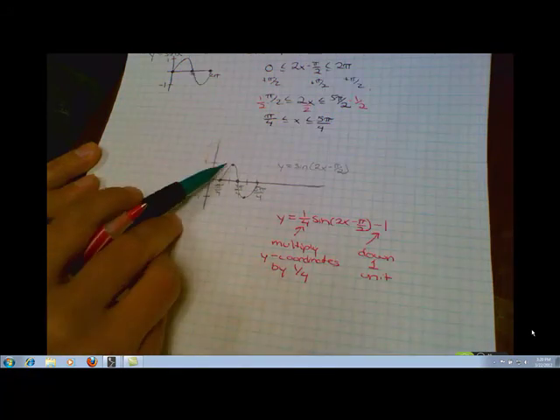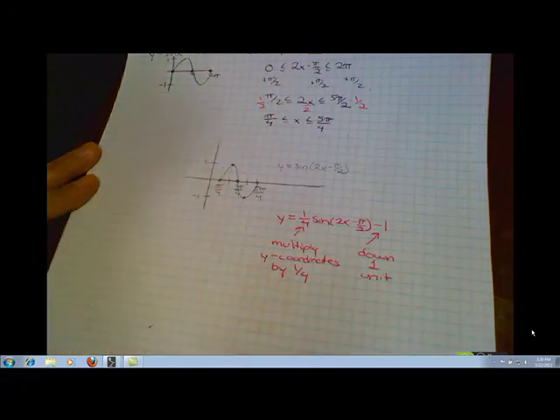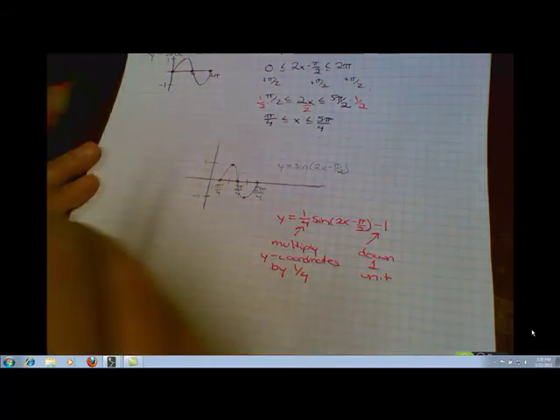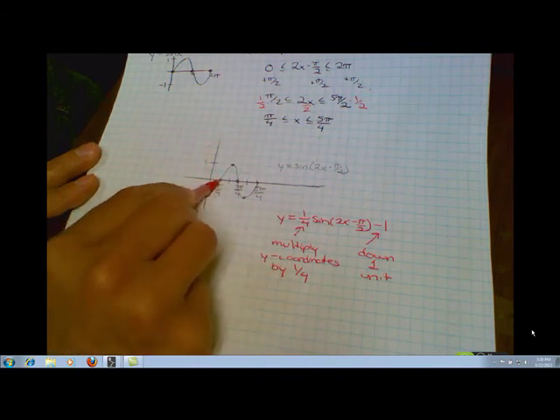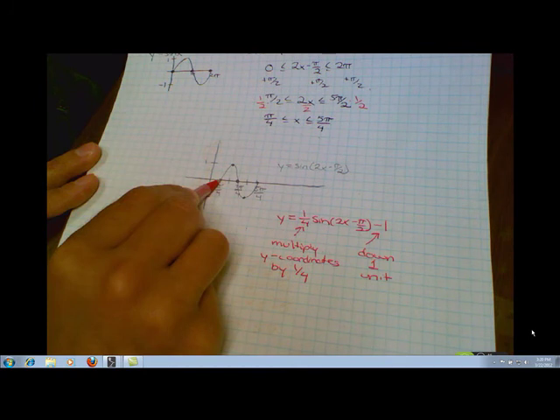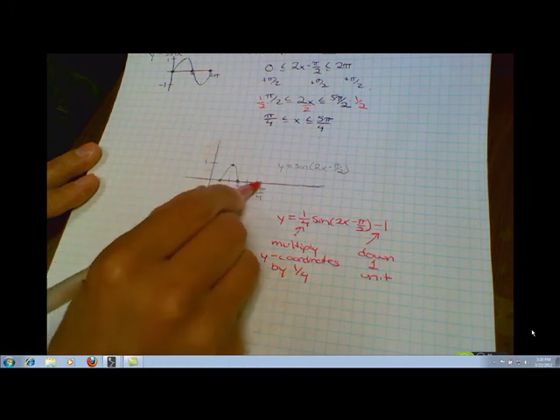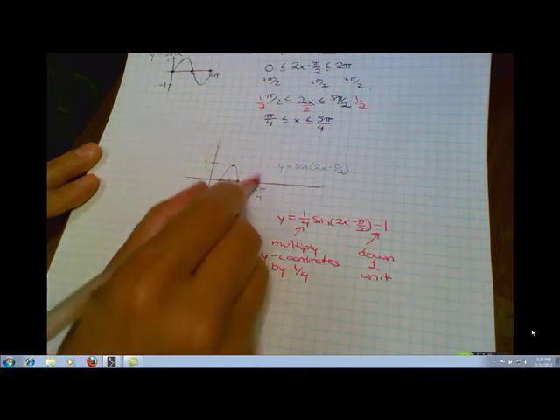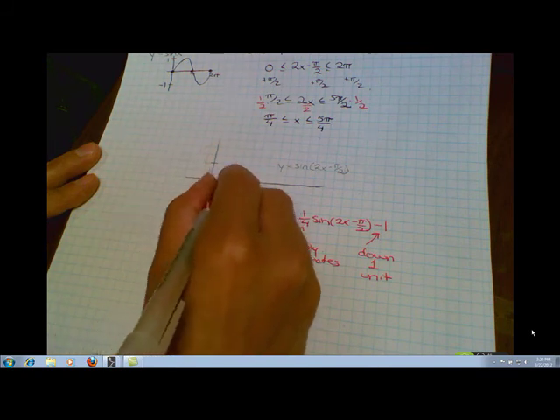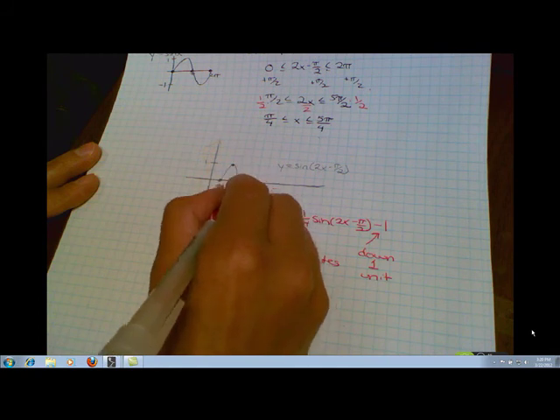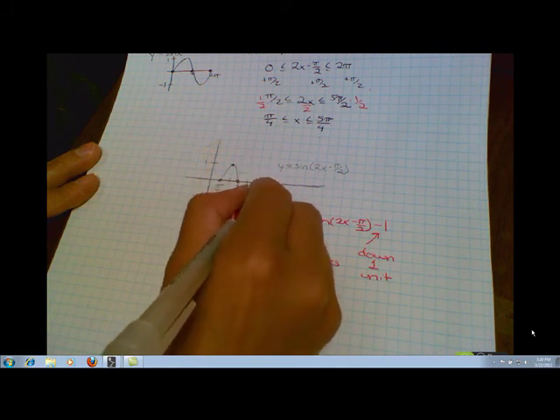Okay, so let's just do that to our key points here. And I should have darkened these 2 points. Those are also critical values in the graph, our maximum and the minimum. So the y-coordinate at each of these intercepts is 0. When you multiply that 0 times 1/4, it's still 0.